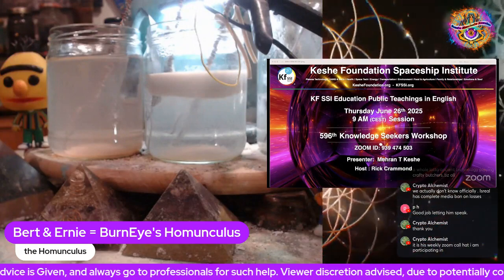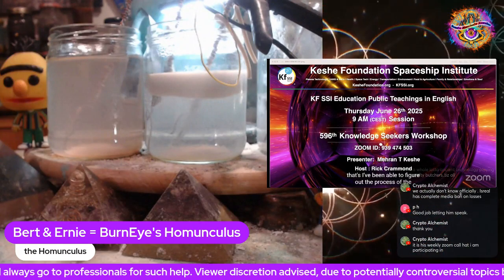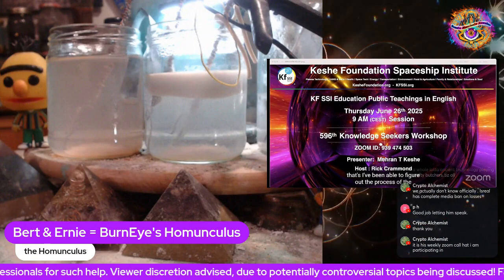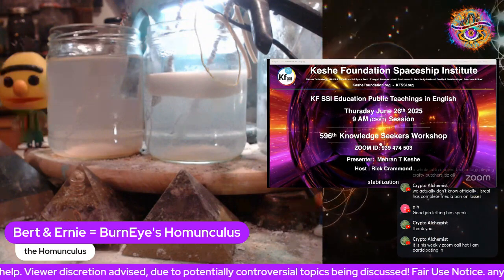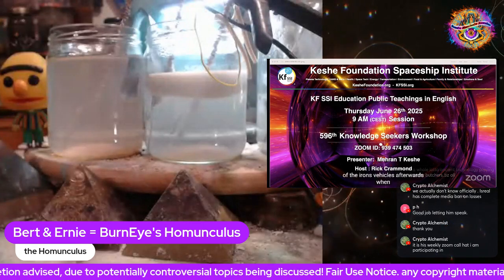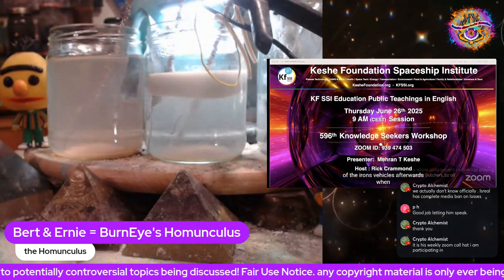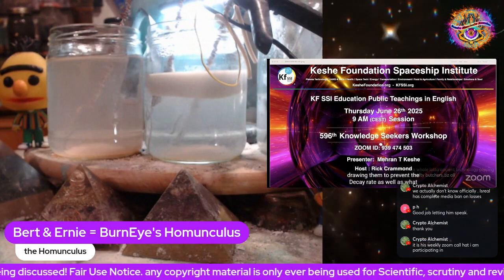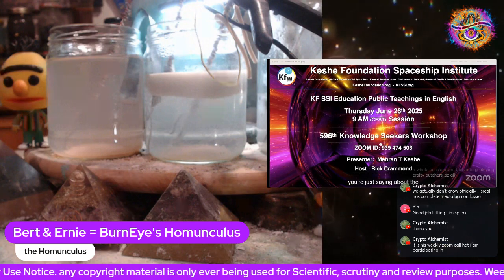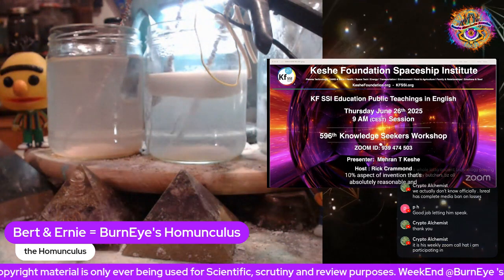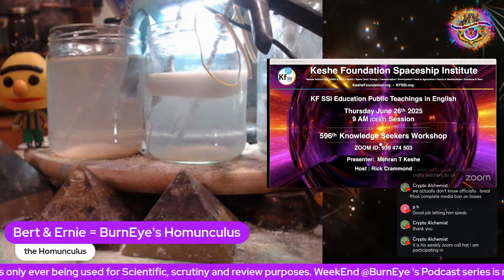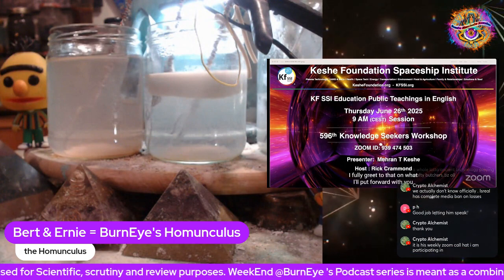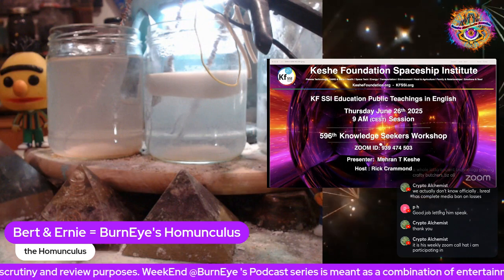And I've been able to figure out the process of the stabilization of the iron sphericals afterwards when drying them to prevent the decay rate, as well as what you were just saying about the 10% aspect of invention. That's absolutely reasonable, and I fully agree to that on what I'll put forward with you.